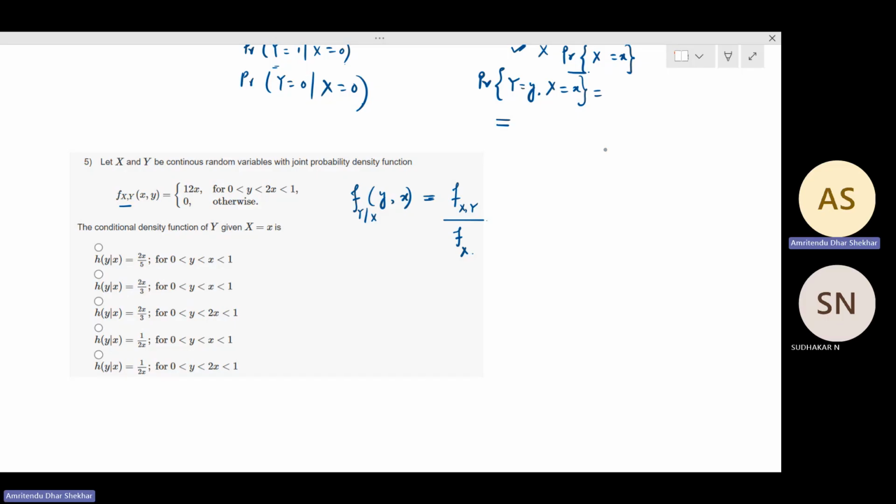So this is the density of the marginal on x.